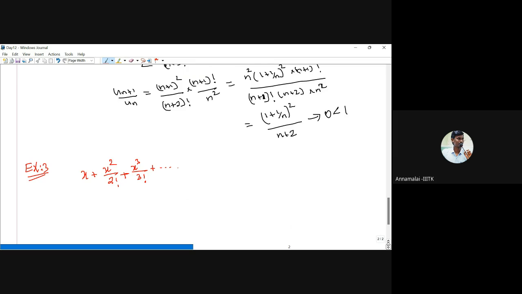So we have to show that this converges absolutely for every value of x.